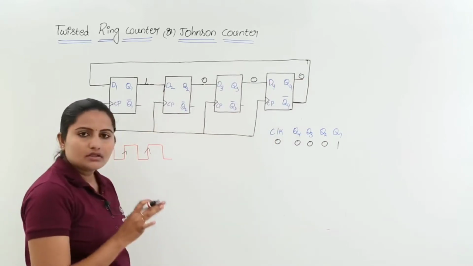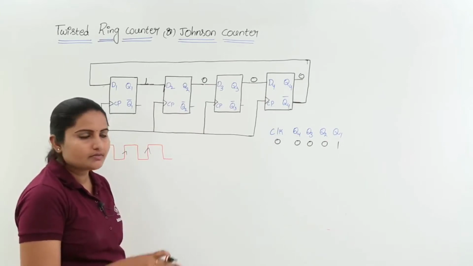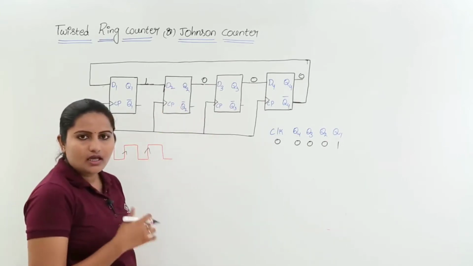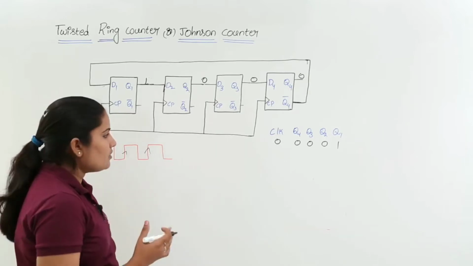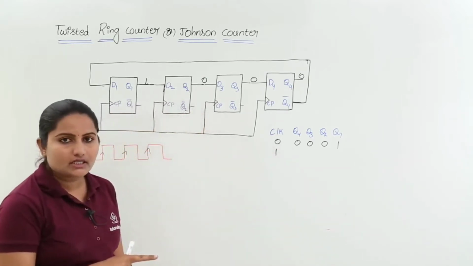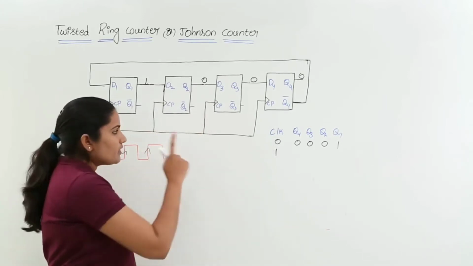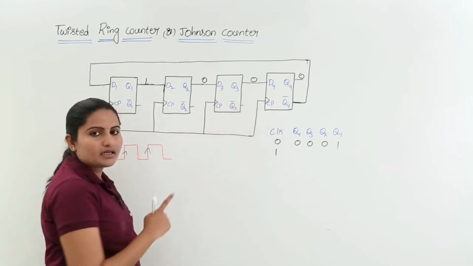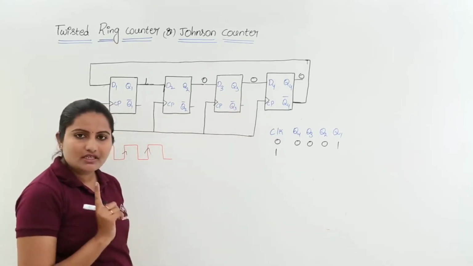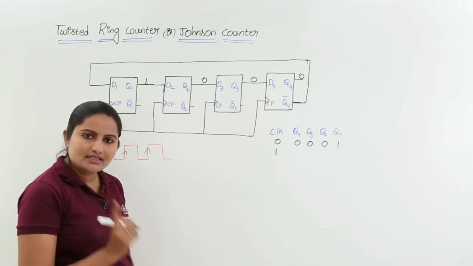To count those 4 bits, how many states does the twisted ring counter need to go through? Now I am giving the first clock pulse. Before giving it, you need to get ready with the inputs, because this is a synchronous sequential circuit with the same clock pulse, so all flip flops trigger at the same time.